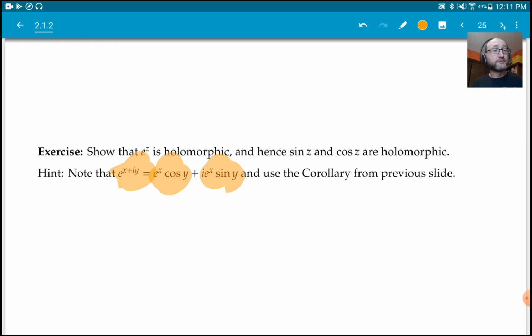And that gives you that e to the z is holomorphic, that the complex derivative exists. And you can even compute the derivative. The derivative is just going to be itself, e to the z.